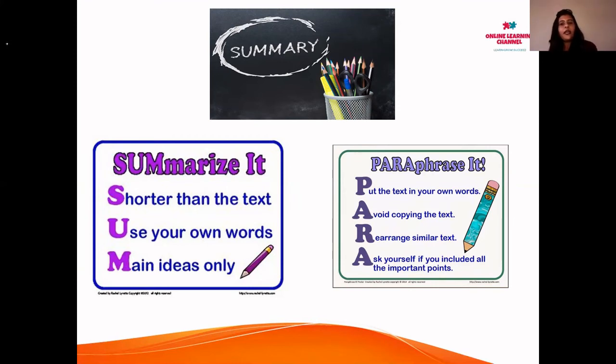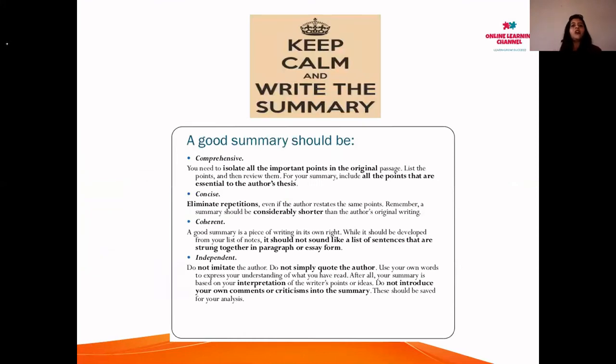The word paraphrase, I've taken the first 4 letters, P: put the text into your own words, A: avoid copying the text, R: rearrange similar text, and A: ask yourself if you included all the important points. Very, very important.